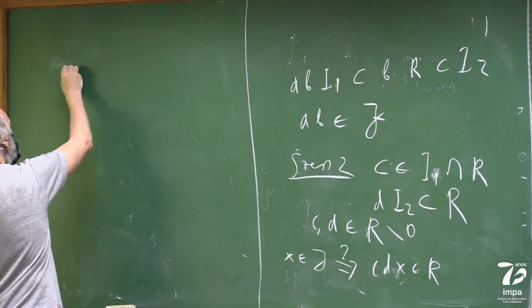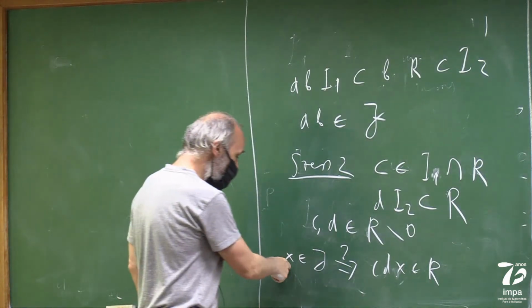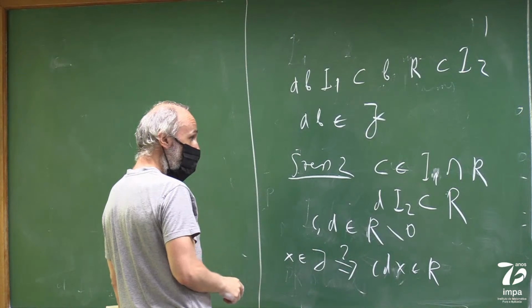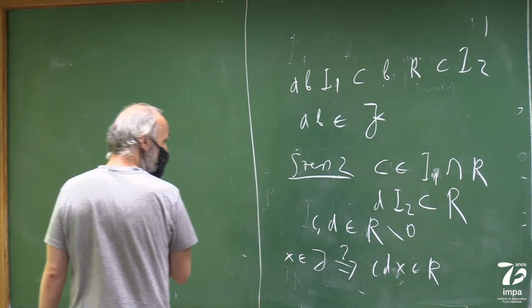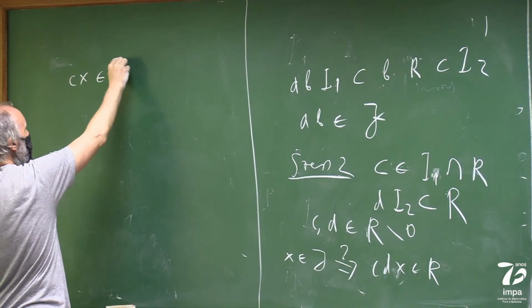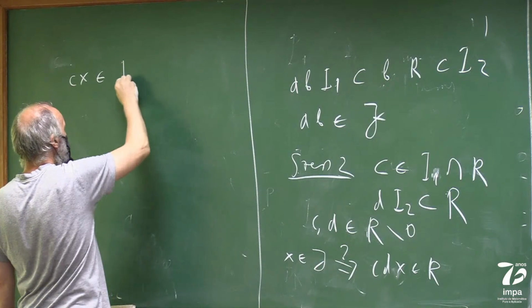Okay, so we know that X maps I1 to I2, and C is in I1, so Cx belongs to I2.